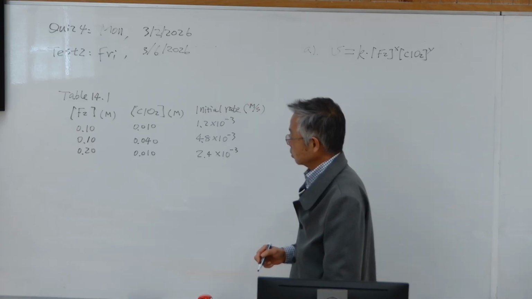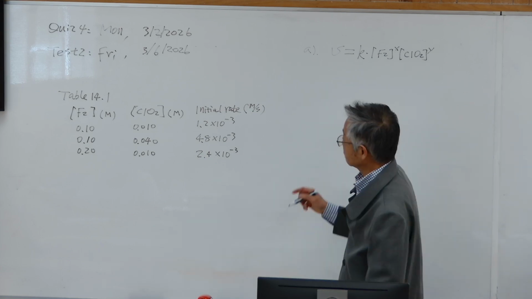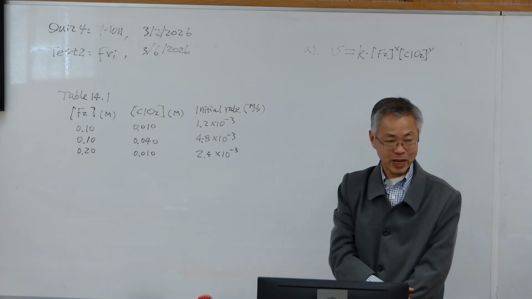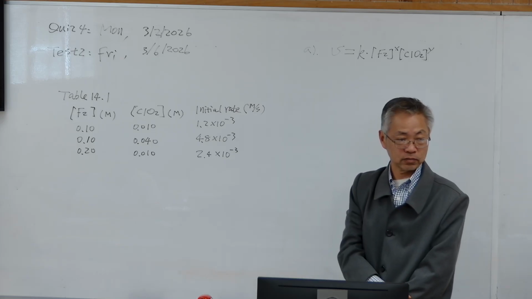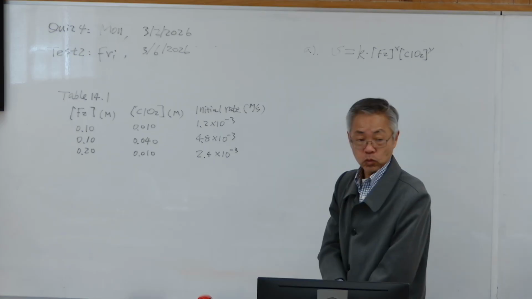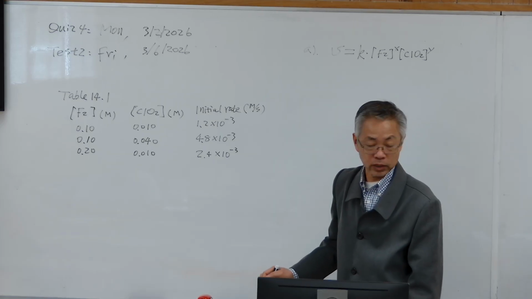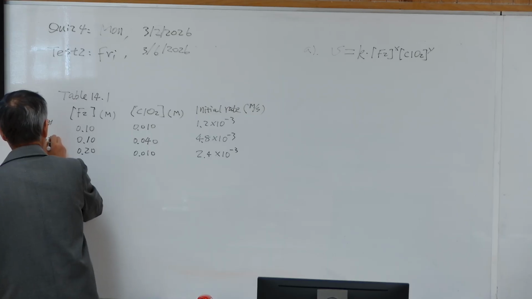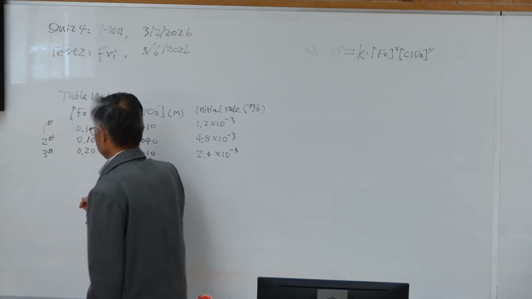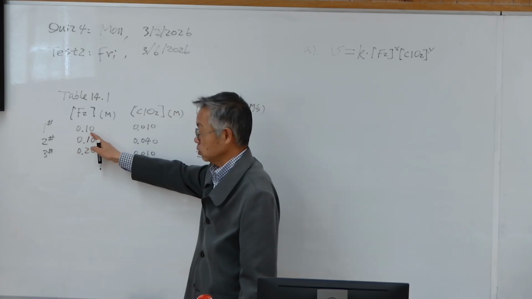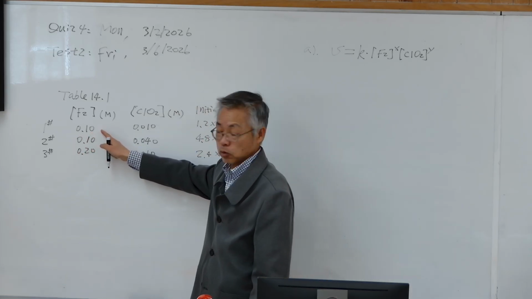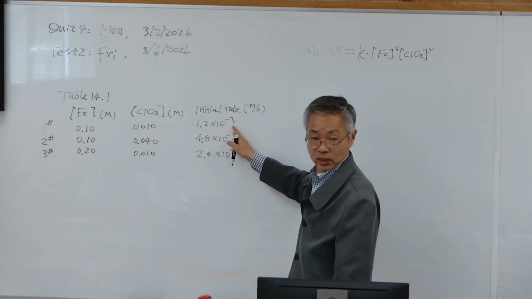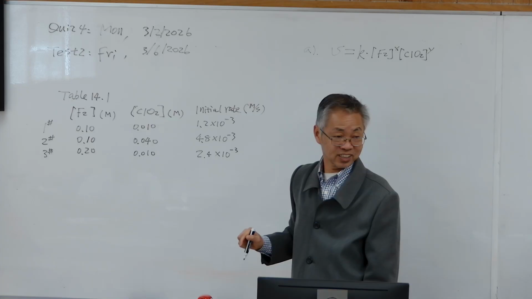So if we want to figure out X, then ClO2's concentration should be kept constant, no change, right? So Y can be cancelled, only X is left over. So take a look at this table. Let's label this experiment 1, this is 2, this is 3. Experiment 1 has F2 concentration 0.1 and ClO2 concentration 0.01, and we find the initial rate V is 1.2 times 10 to the negative 3.